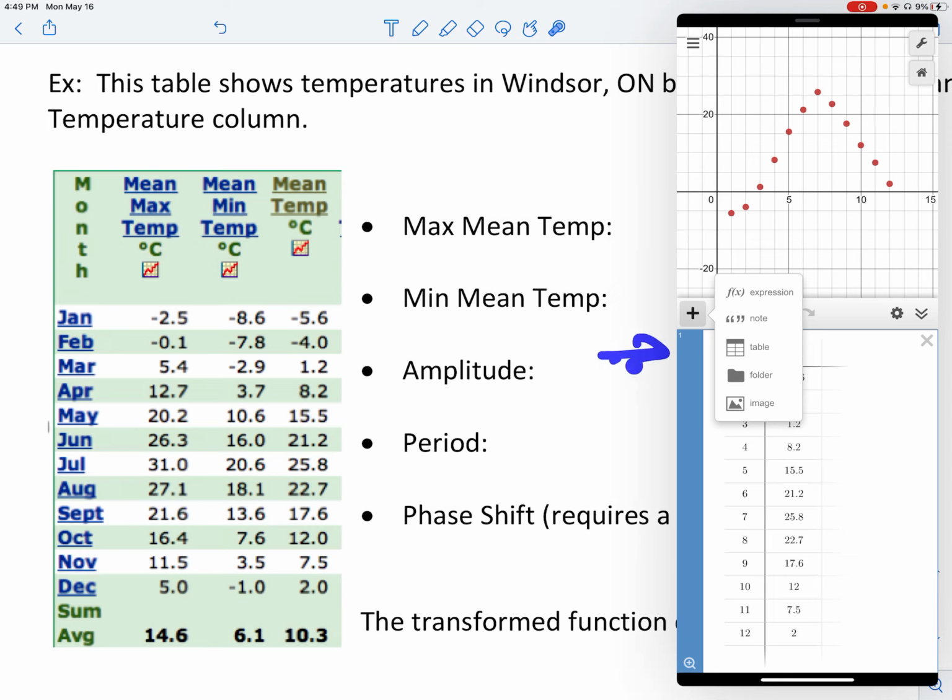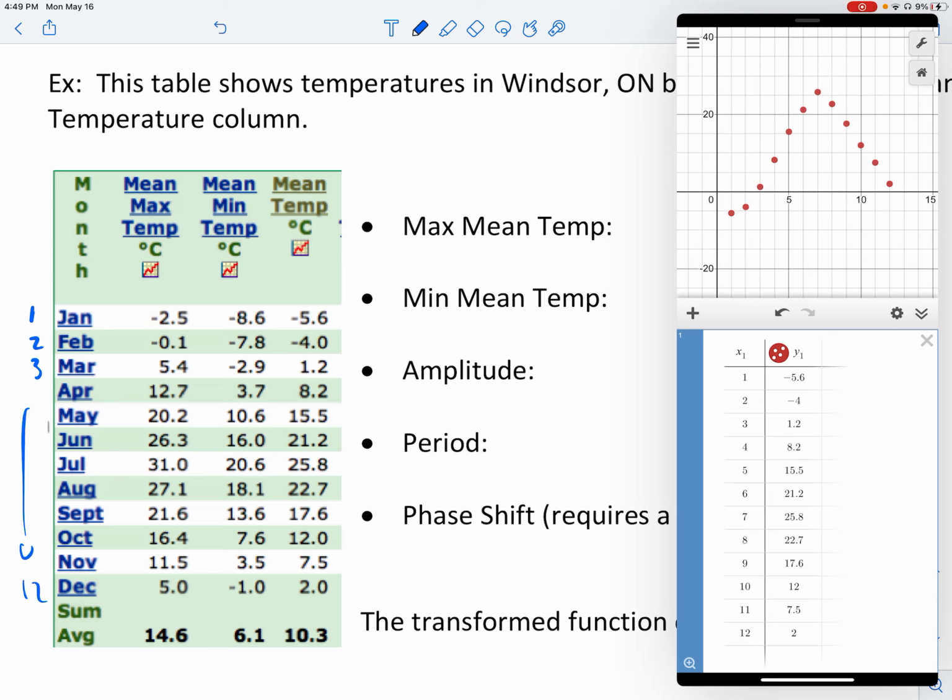I clicked on table, and it inserted this brand new table right here. I just filled in all the data. I called January month 1, and then 2 and 3, all the way down to 12. And then in the Y column, I entered those values into the table as well.